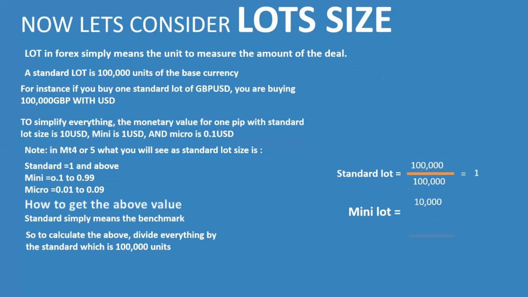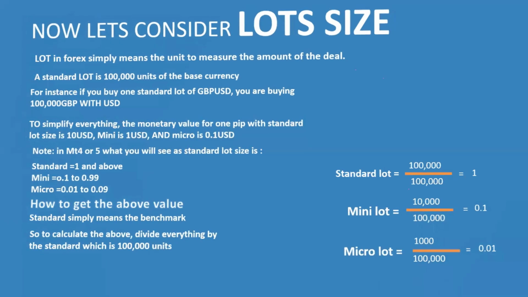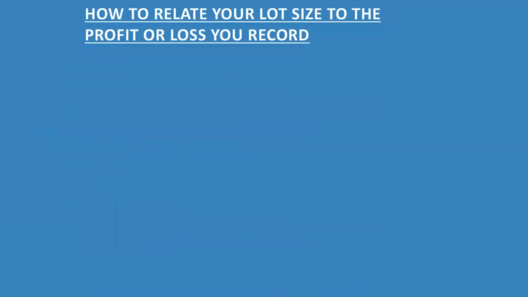For mini lots, divide 10,000 by 100,000 and you get 0.1. For micro lot, divide 1,000 by 100,000 and you get 0.01. So that's how to calculate your lot size.